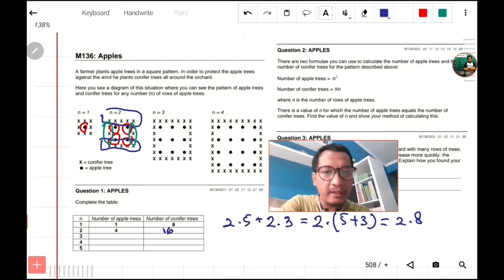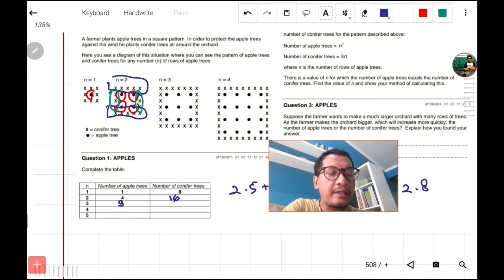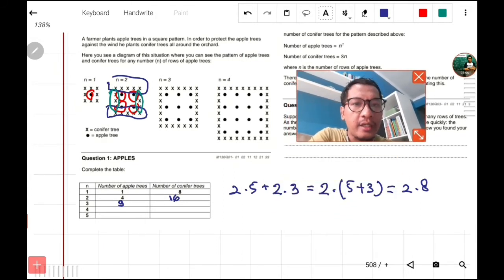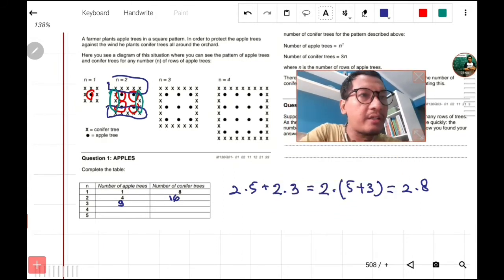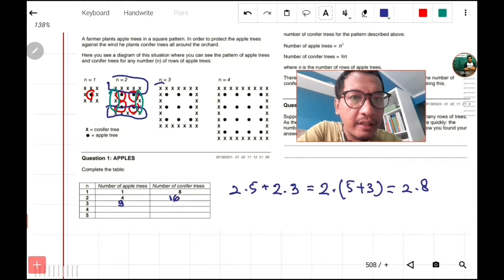When n is 3, the number of apple trees is 9. The number of conifer trees, let's count together: 1, 2, 3, 4, 5, 6, 7.